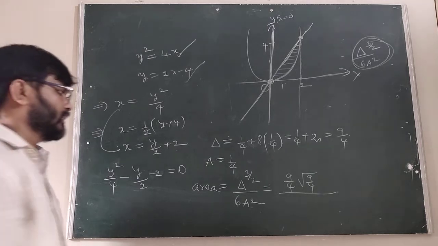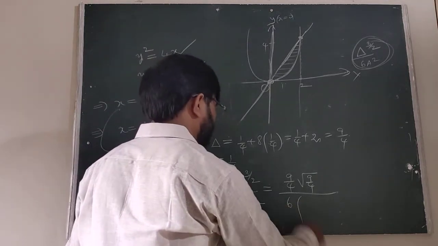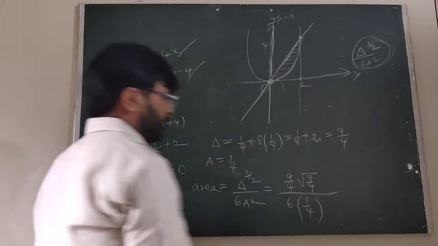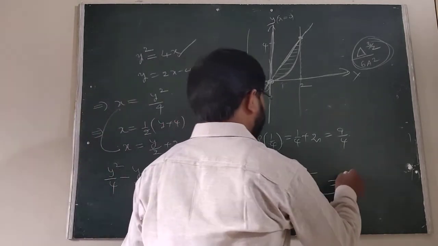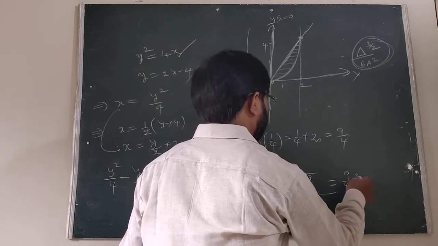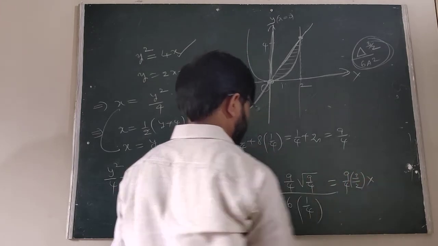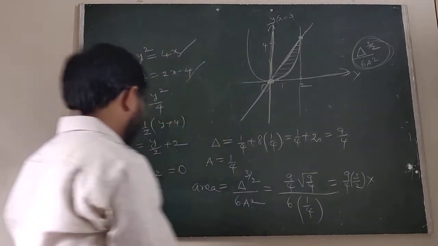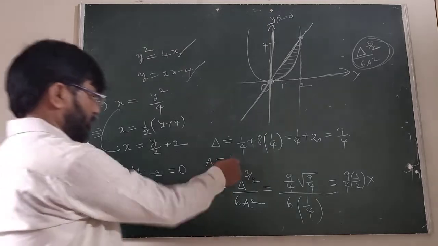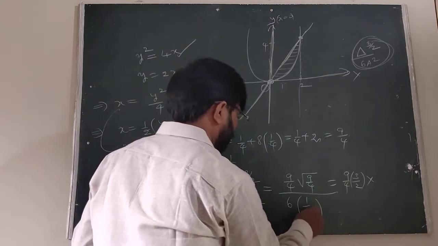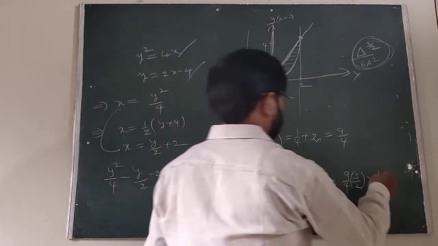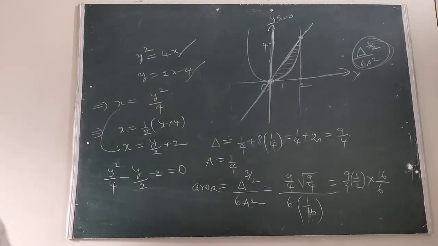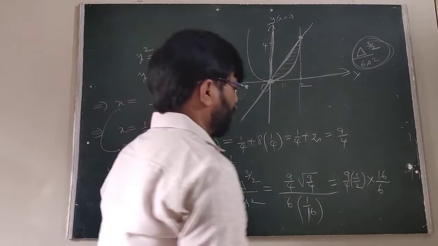After that 6 into a square, what is a square? 1 by 4 whole square is 1 by 16. Now this is 16 by 6. All of you listen here.